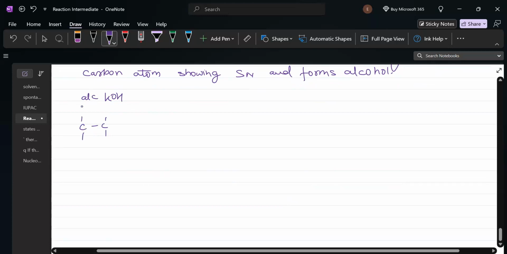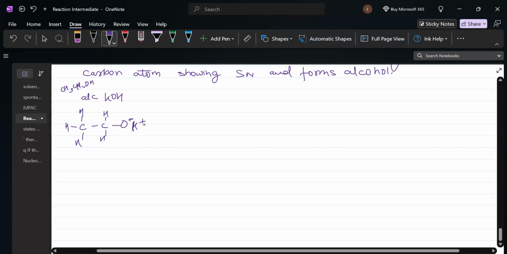Alcohol is CH3CH2OH, ethyl alcohol, right? Yes, sir. So we are going to make ethyl alcohol, and this is in ion form, because it is in this form actually.